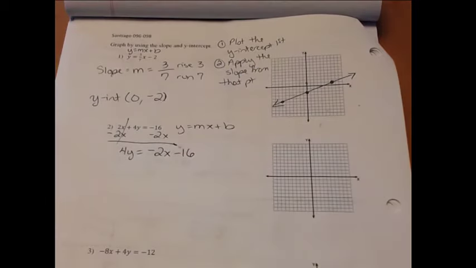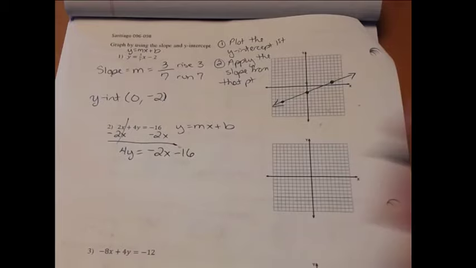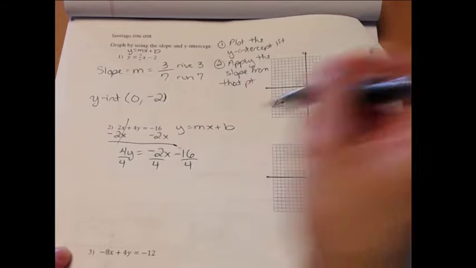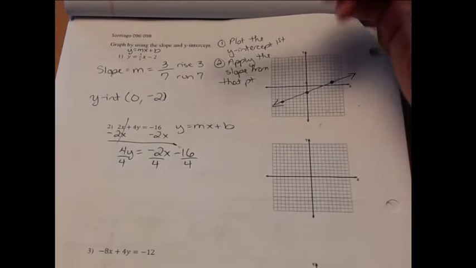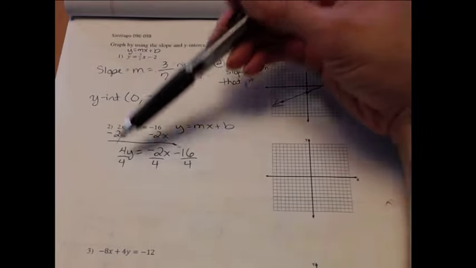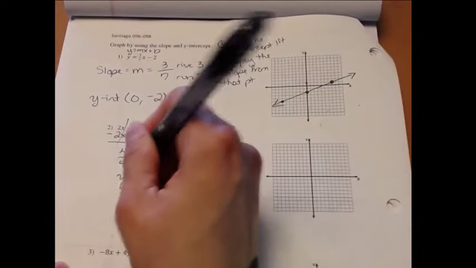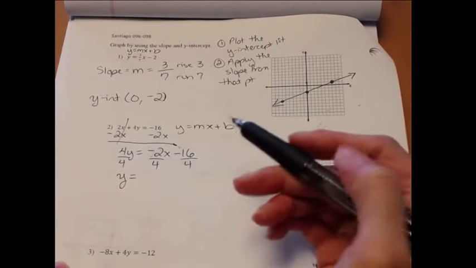Next, we want y to be completely on its own. So we're going to divide every term by 4. We learned that one of the rules of solving linear equations is that if we want to multiply or divide, we have to do that to every single term in the equation. We do not get to pick and choose. So we divide every term by 4 so that we're left with y by itself. Negative 2 over 4 reduces.